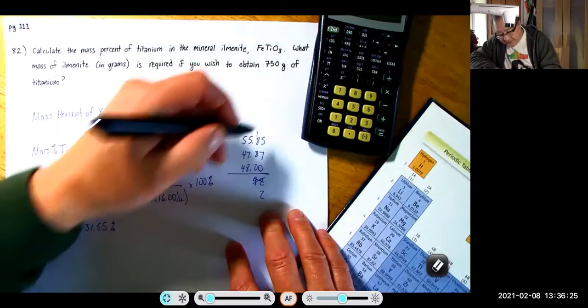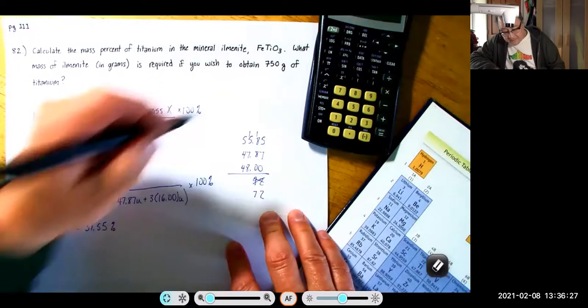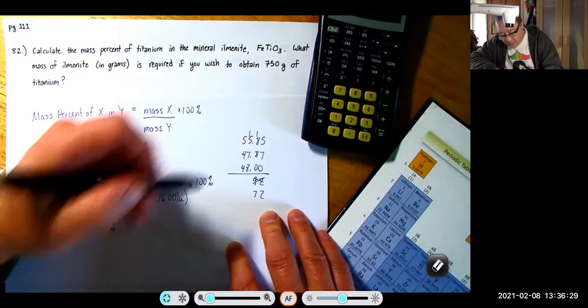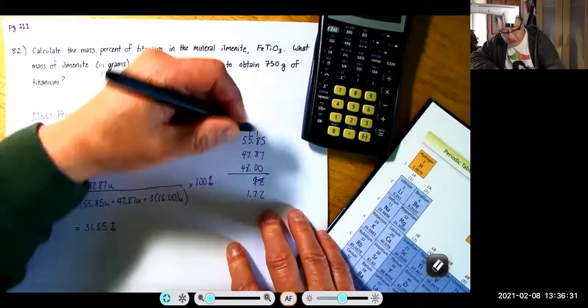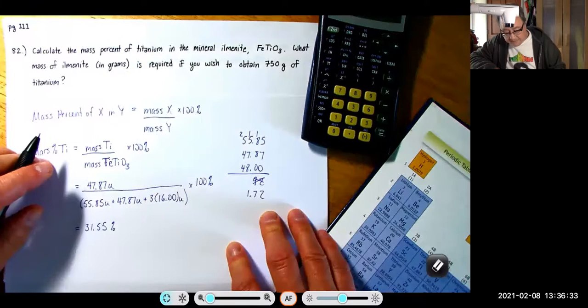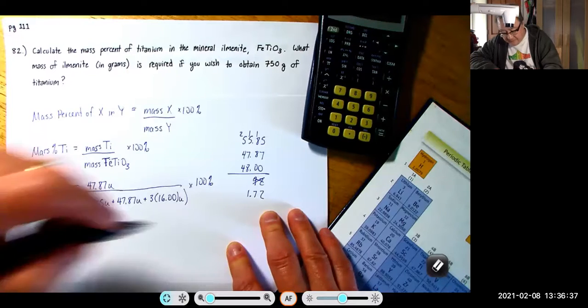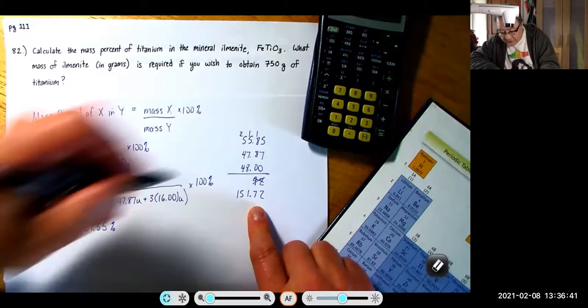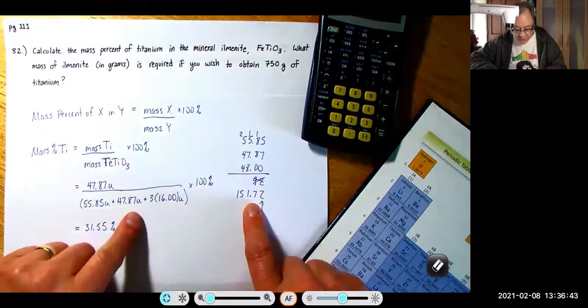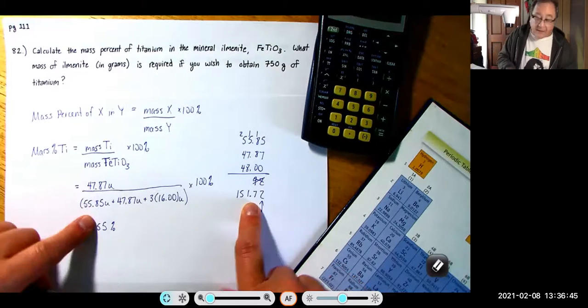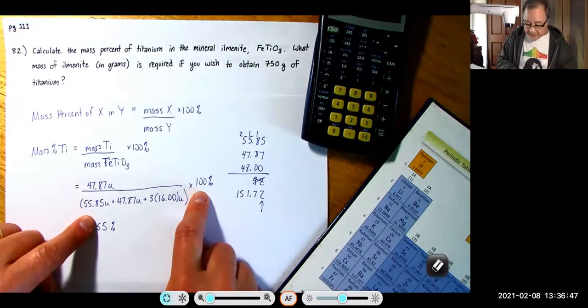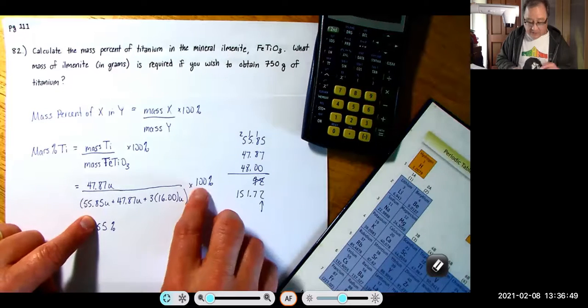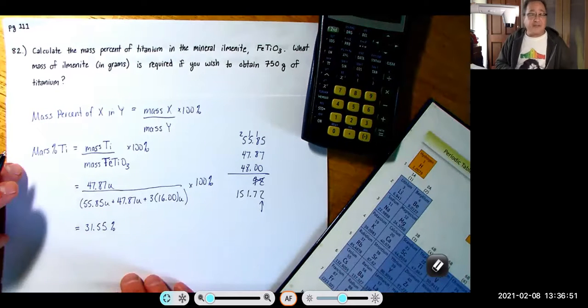You get 7 carry the 1. Then you get 1 carry the 2. And then you get what looks like 15. Okay, so here, this is good for 5 significant figures. So 4 sig figs divided by 5 sig figs times infinite, because percentage is exact. You get 31.55%. Any questions there?